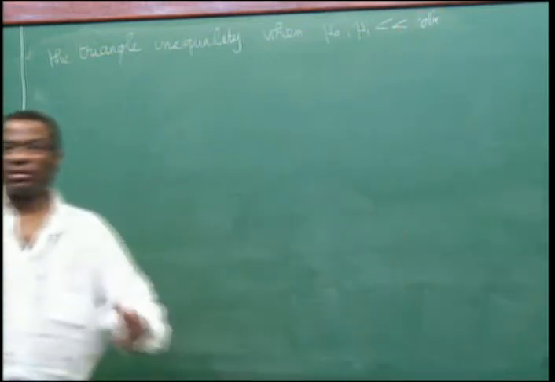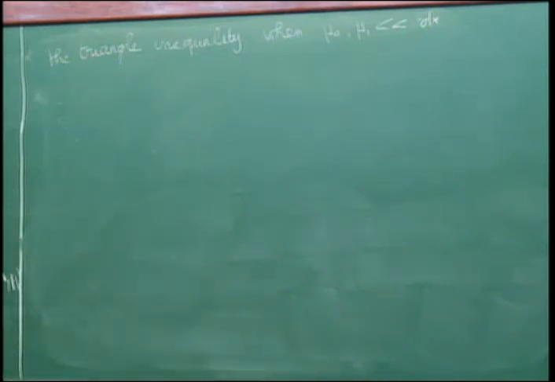Because if they are not, we approximate them by measures absolutely continuous with respect to Lebesgue measure, then we prove the triangle inequality for these measures, and we pass to the limit.